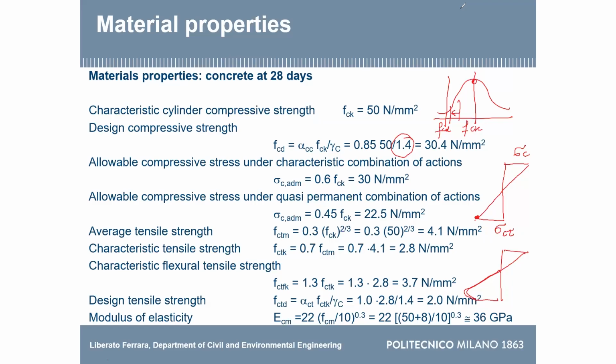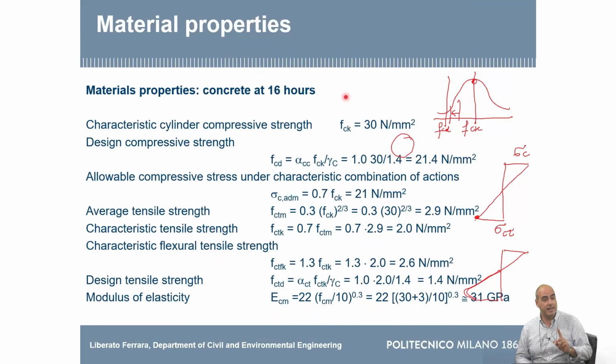But at the same time, you cannot say, I have used twice as strong concrete, so I divide by 2 my area or my modulus of inertia, flexural modulus, and so on. Well, it depends, because your stiffness has not increased twice, it has increased only by 25%. But this is for concrete at 28 days.